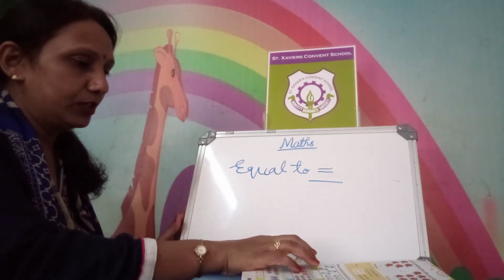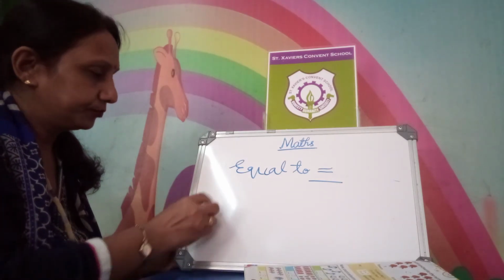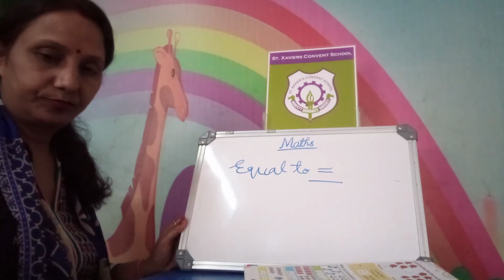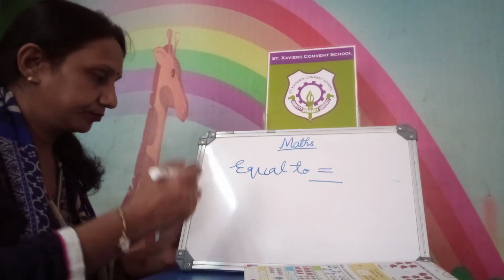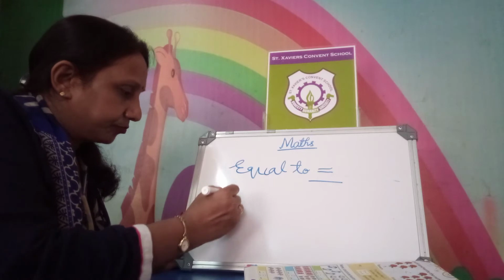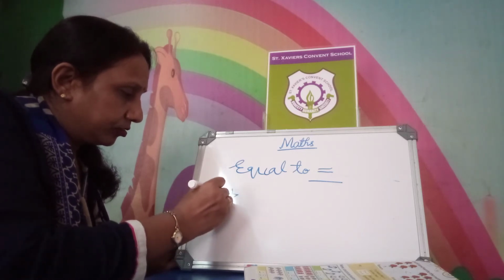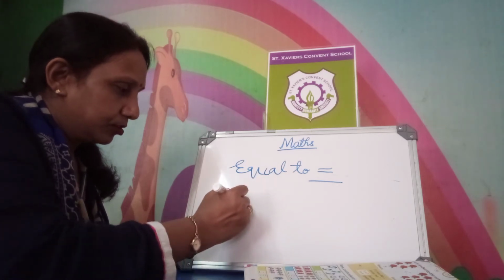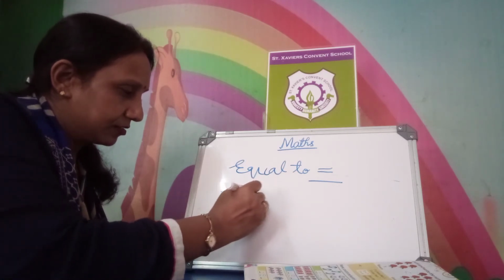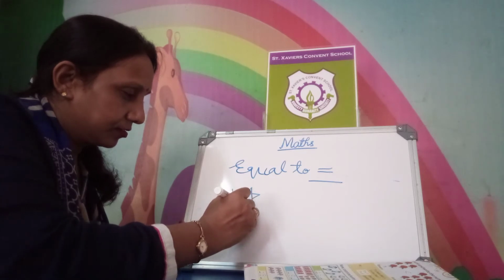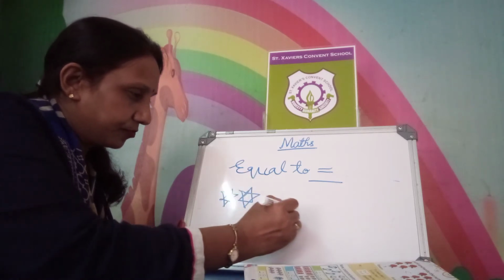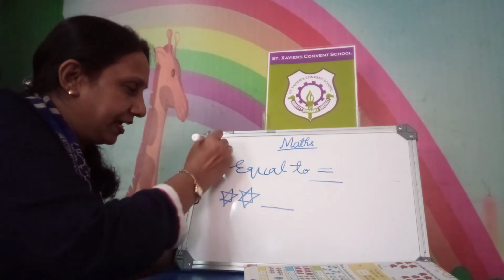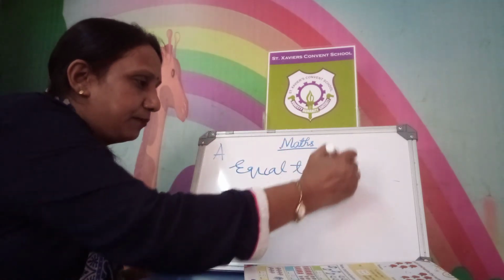The sign of equal to is what? Just see here. One star, two stars, and side A has two stars. Now side B, you see.